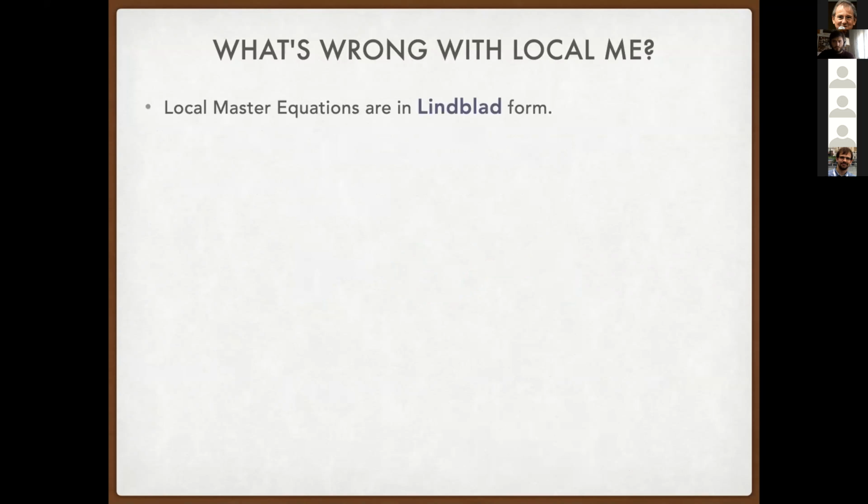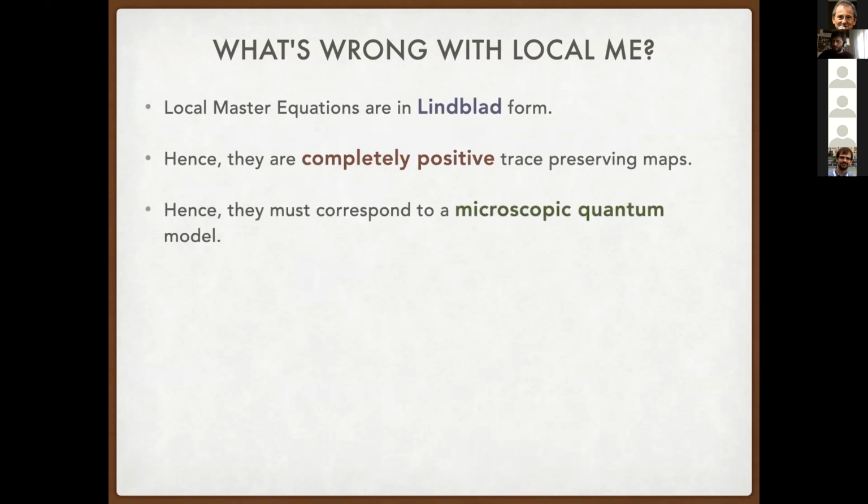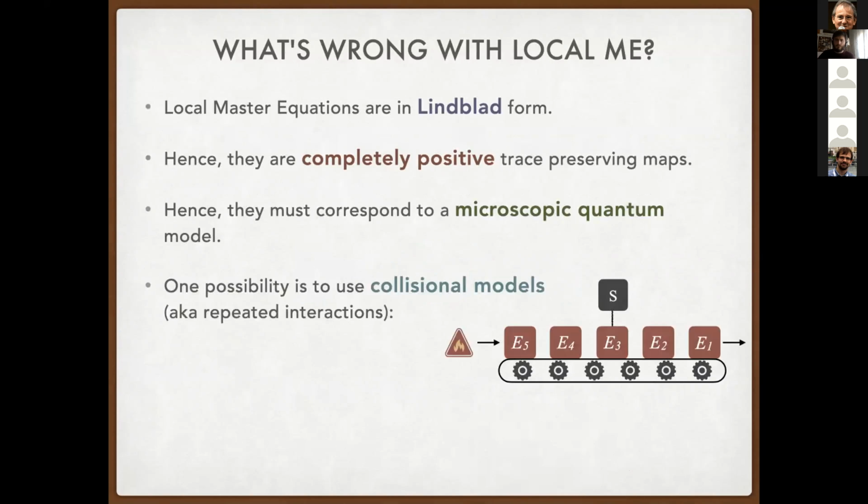Local master equations are in Lindblad form, and therefore they are completely positive and trace preserving maps, and so they must correspond to a microscopic quantum model. One possibility is to use collisional models, which we have heard about already during this conference. They are also called repeated interaction models, where the model for the environment is slightly different from the usual one.